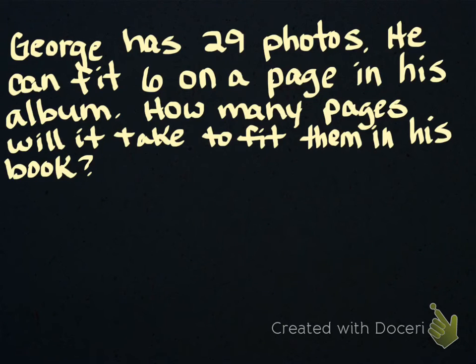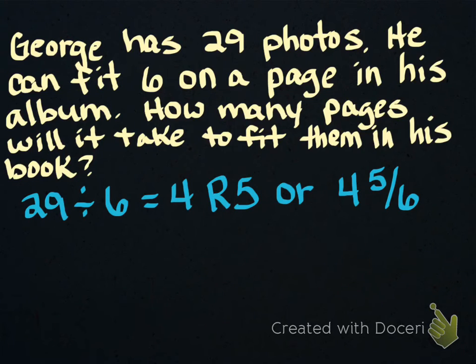In this problem, we have George, who has 29 photos. He can fit 6 on a page in his album. How many pages will it take to fit them in this book? Our problem is going to be 29 divided by 6.